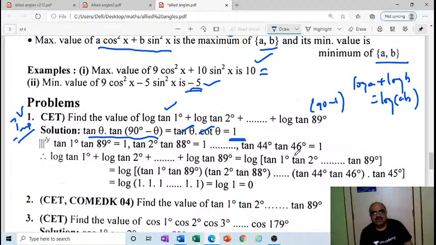Got it? So all these values are 1. Like this, all values are going to be 1. And 1 n number of times if you multiply also it is going to be 1. And log 1 value is how much? 0.